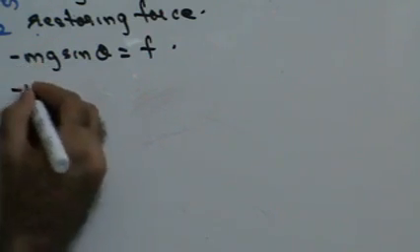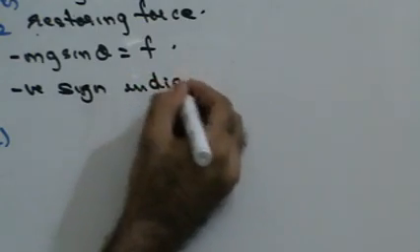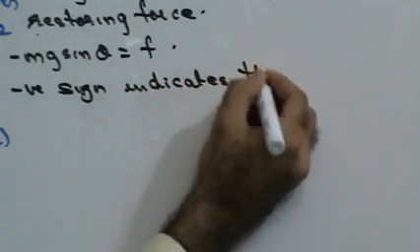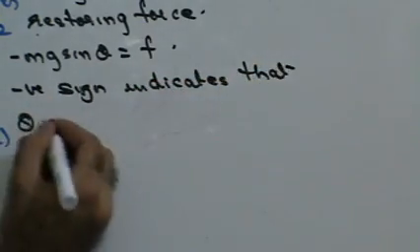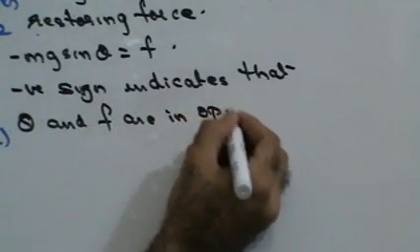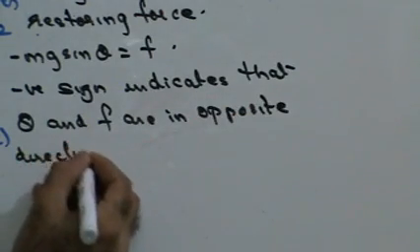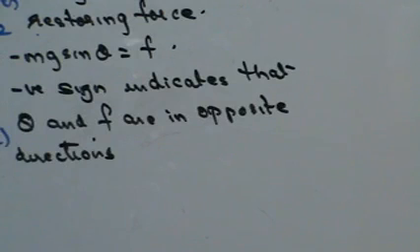Right? The negative sign indicates that theta and F are in opposite directions. So I therefore get F is equal to minus mg sin theta.